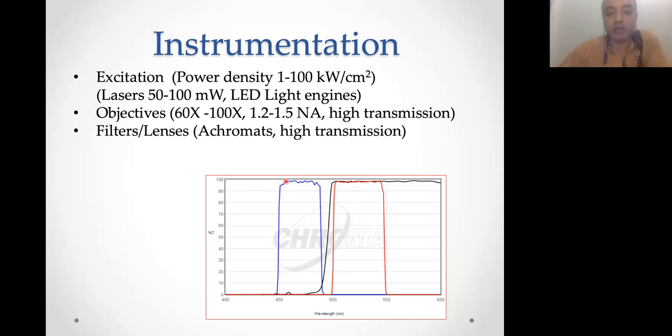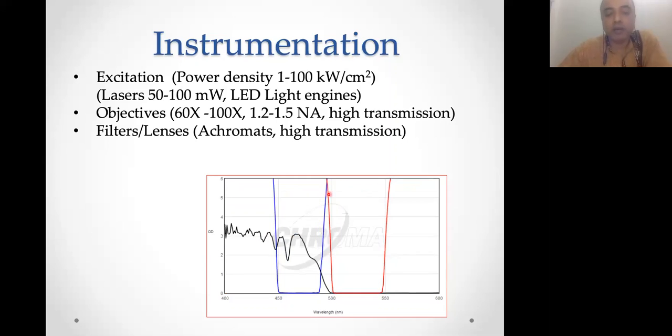So this is about 95% or higher transmission in your range for your dichroic as well as your bandpass filters. There's the excitation filter, there's the emission filter. But not only that, you need to have these block out. So you want ODs higher than 6 to block out all your laser intensities or any other stray light that will be coming in as well.